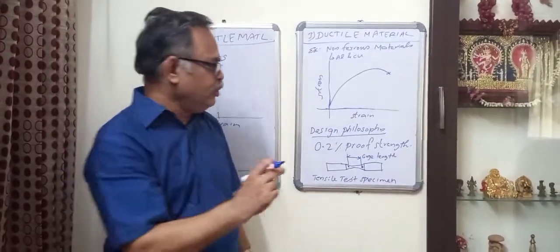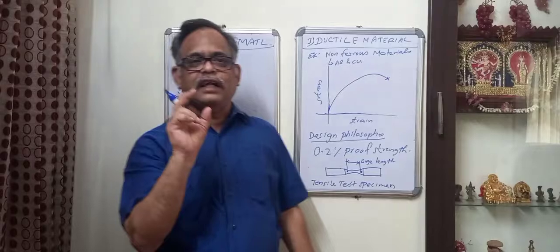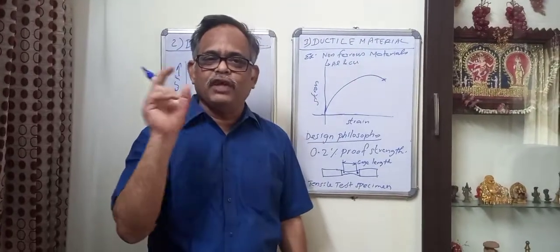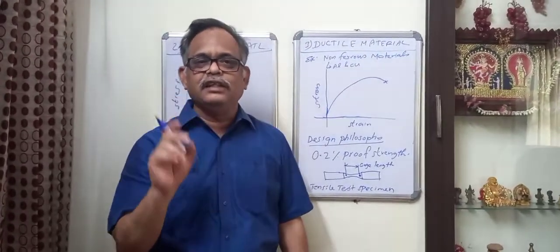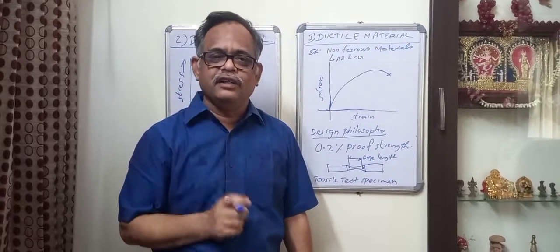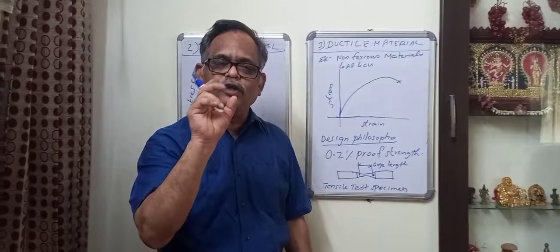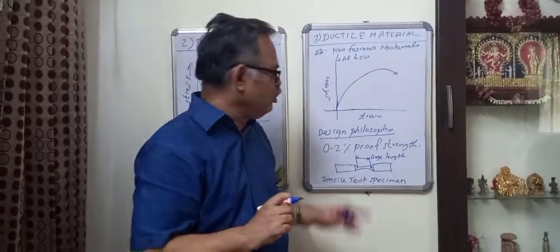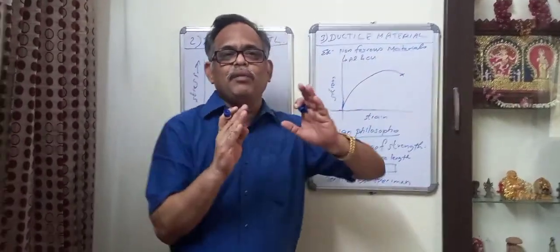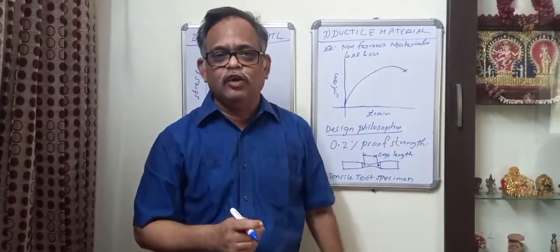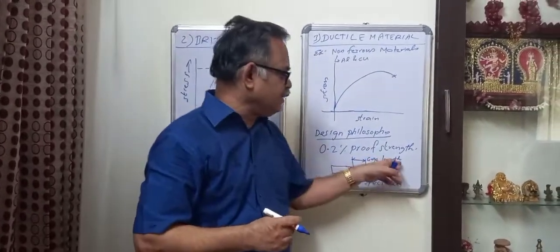It is selected as either 25 mm or 50 mm like that. Standard gauge lengths are specified in the standard itself. Between those two points only deformation will occur. Beyond the gauge length, deformation will not be very severe, so a gauge length is defined.